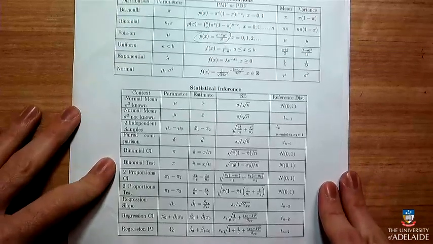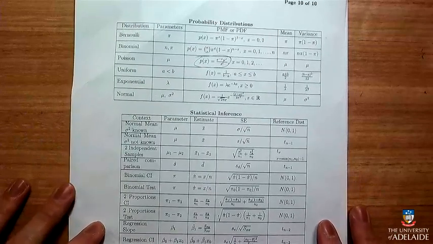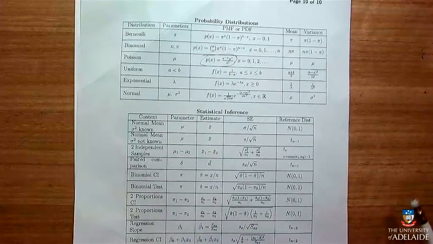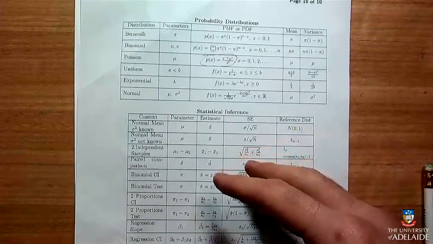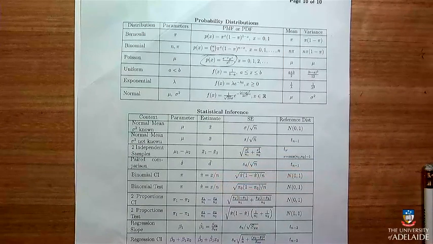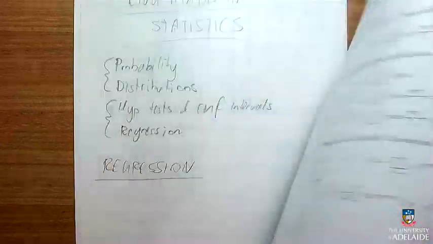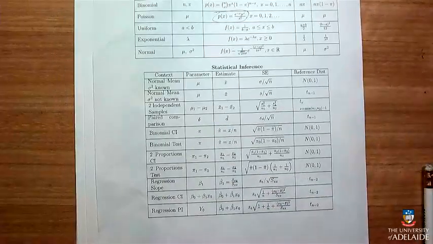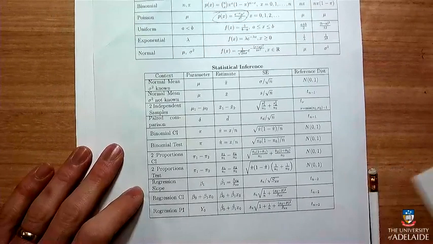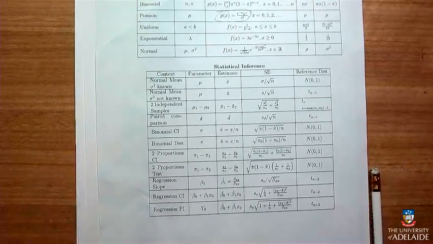This is a lot of stuff. Do you mind if I draw on this? In colour? Okay, good. I won't do it in text because it'll bleed through to the other side, so I'll do it in pencil. Okay, so I mentioned 4 parts of the course.